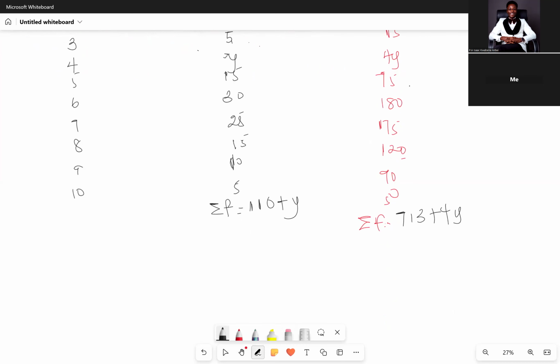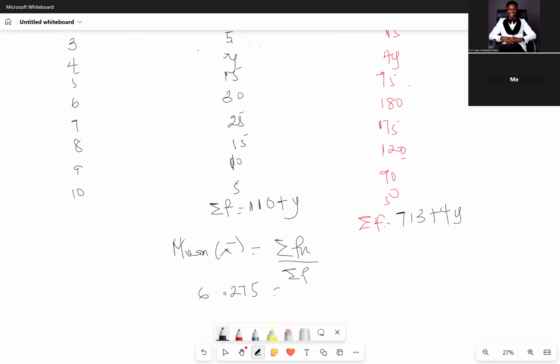So now, follow me. Mean is equal to sigma fx all over sigma f. Now, mean is already given in the question as 6.275. Confirm the mean for me.